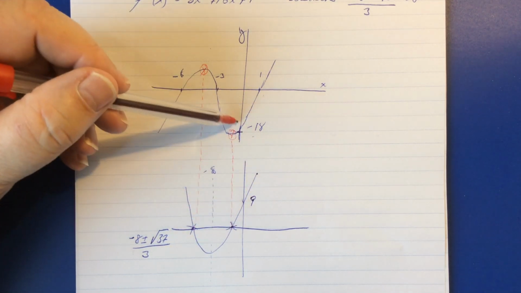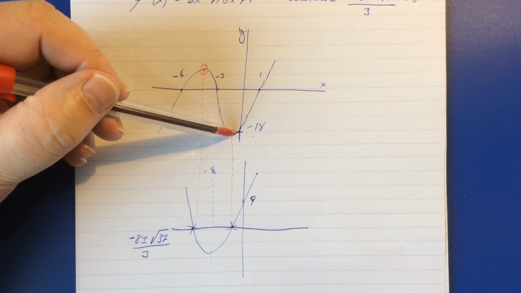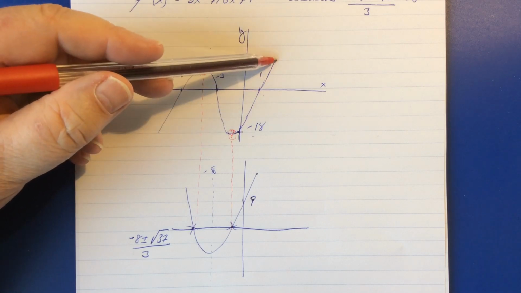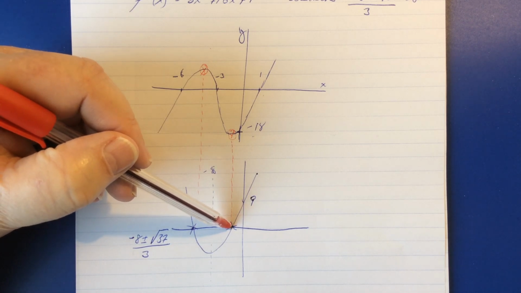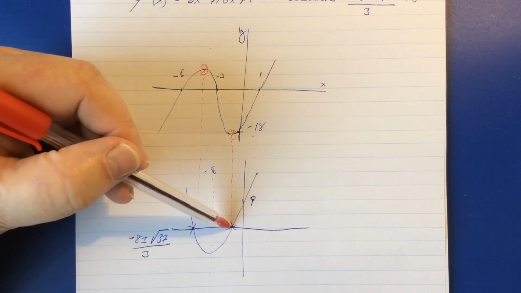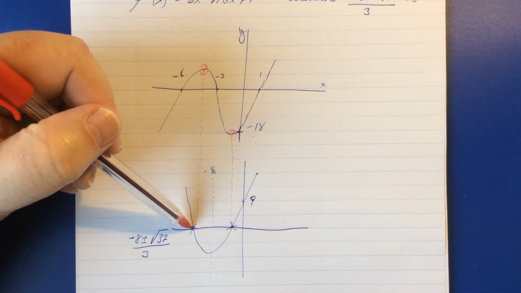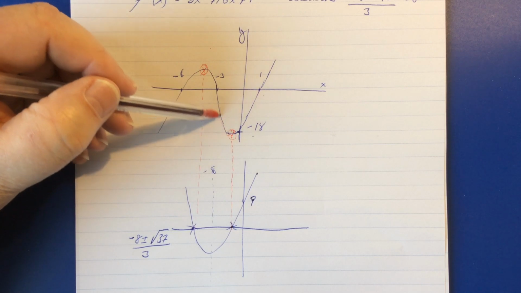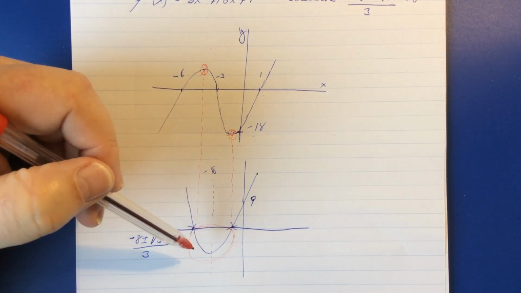This function has a positive gradient above negative 8 plus root 37 on 3 on the x-axis. That is where this graph breaks the x-axis and has positive y values. Between negative 8 plus root 37 on 3 and negative 8 minus root 37 on 3, this graph has a negative gradient, and the values of the differential graph are negative.